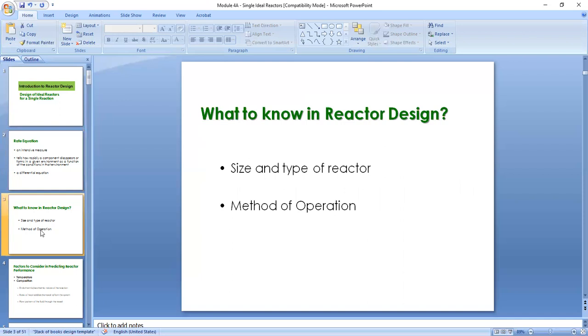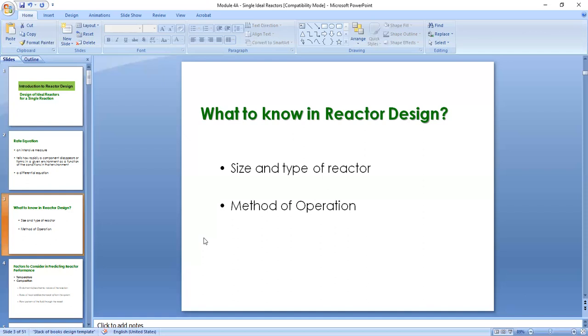Now, what do we need to know in reactor design? Number one, we need to know the size and the type of the reactor that is best suited for the reaction that we need to carry out on it. Oftentimes when we speak of the design, it's usually the size: what volume of the reactor do we need for this particular reaction, if it is a PFR, a CSTR, or a simple batch reactor?